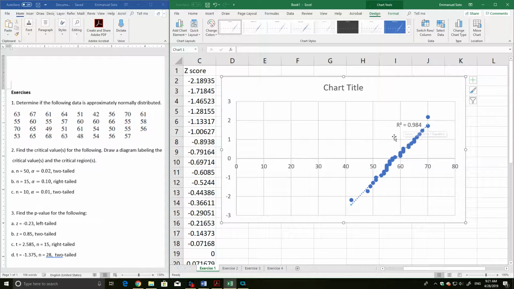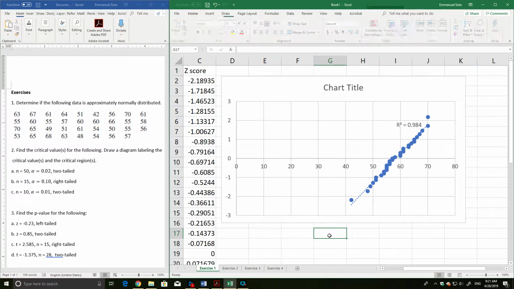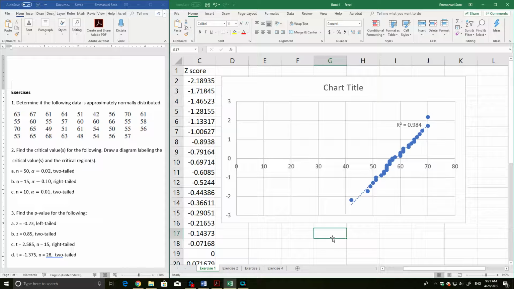And it says that the R squared value is 0.984. Remember that if the R value is close to 1, this means that it follows a straight line. Technically this is the R squared value. You can find the R value by taking the square root of that number. All you have to do is type equals SQRT and then type that number in.